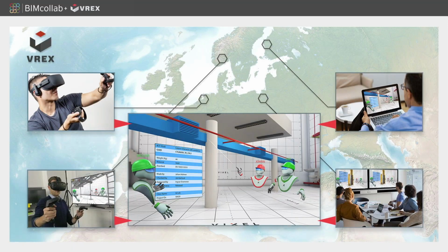So the team can meet inside the model in real-time collaboration. They can see each other, hear each other, walk around in the model, and discuss challenges and record solutions. And of course, the solution that you agree on will be recorded back into BIMCollab. So it's like a Teams meeting on steroids.